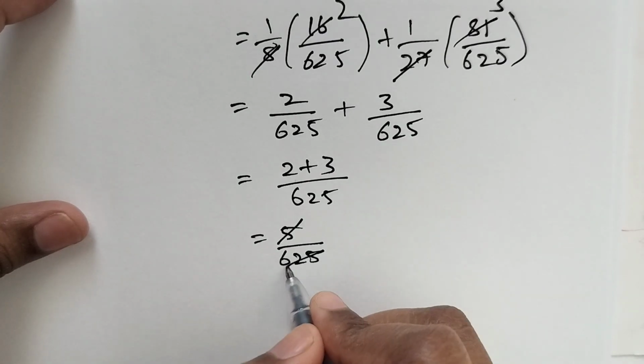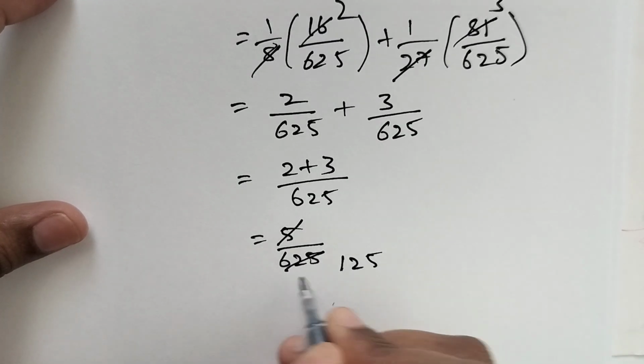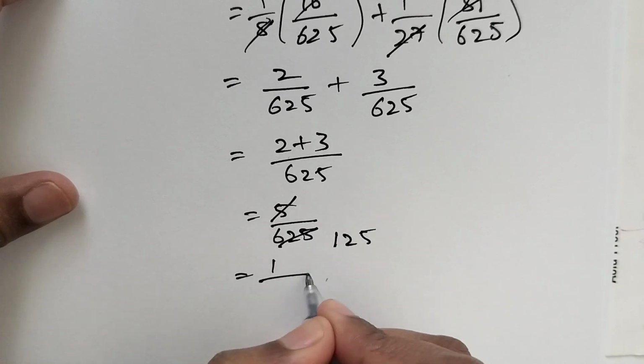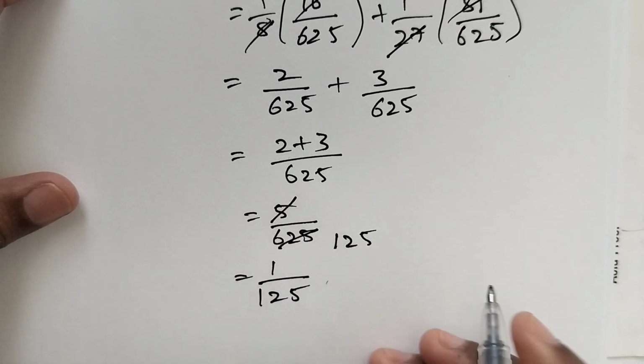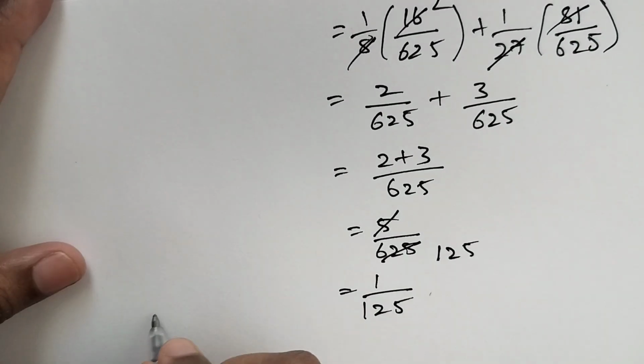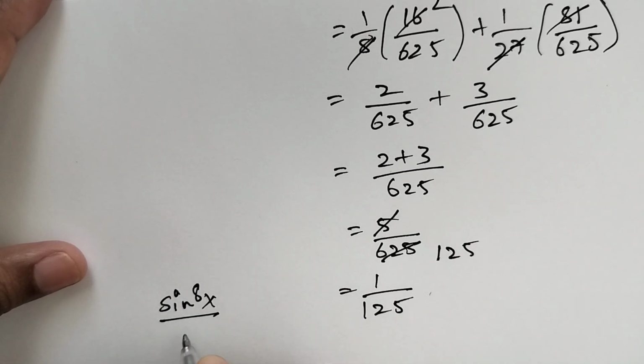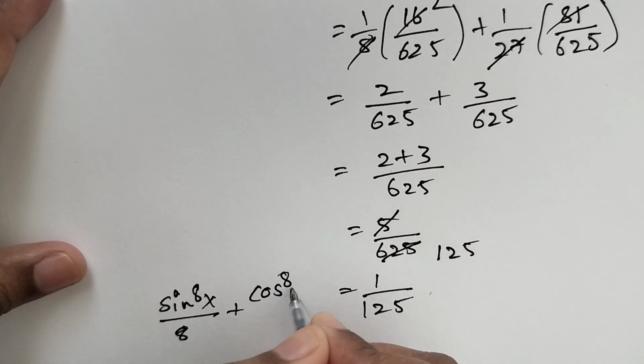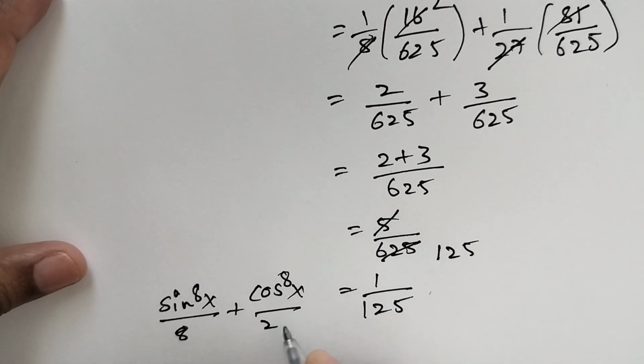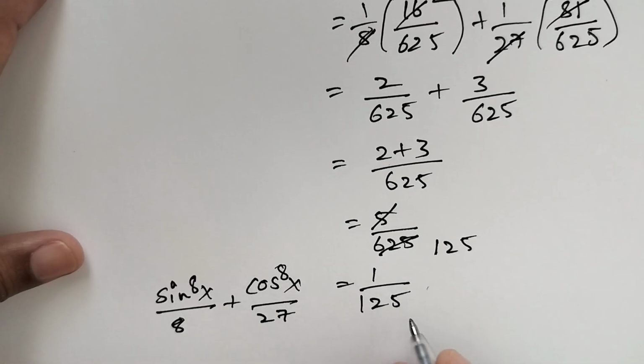So 5 times 125 is equal to 625. So 1 by 125. So this is the value of sin power 8 x divided by 8 plus cos power 8 x divided by 27.